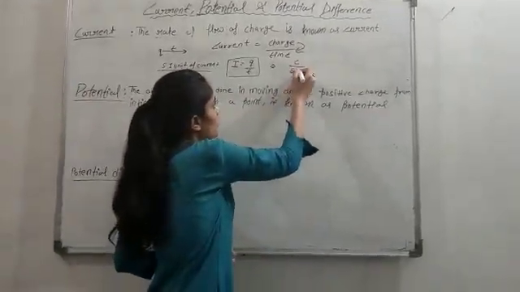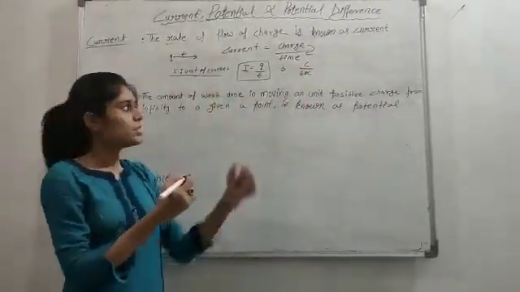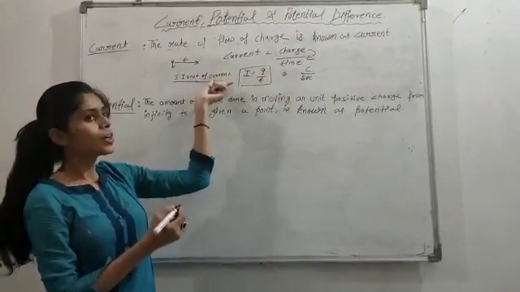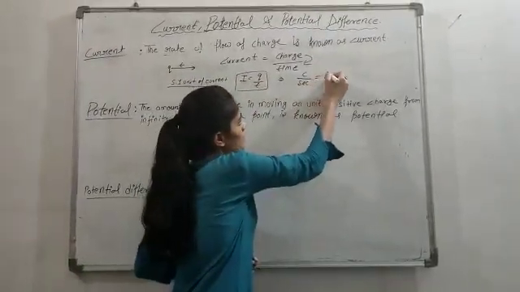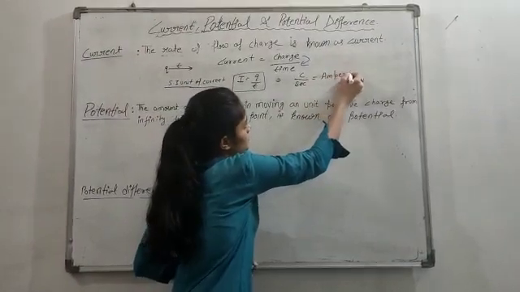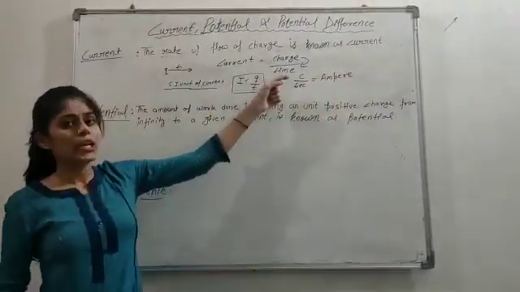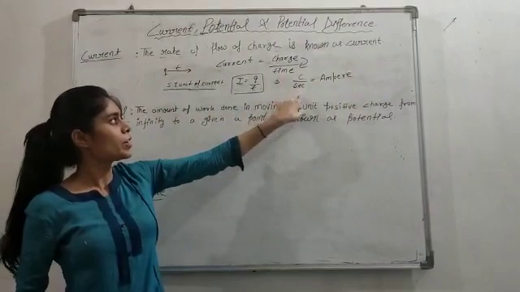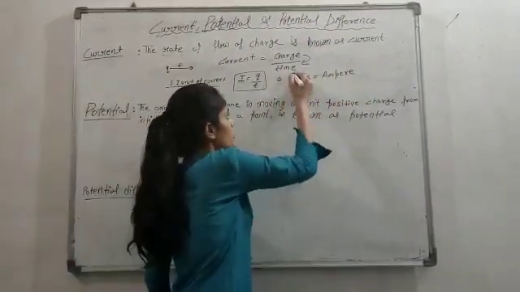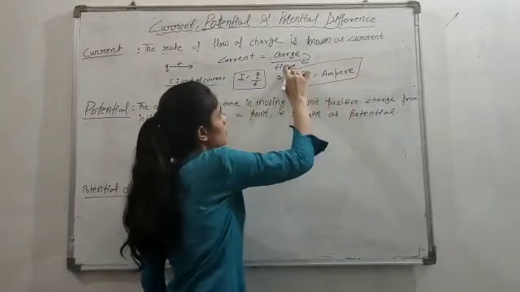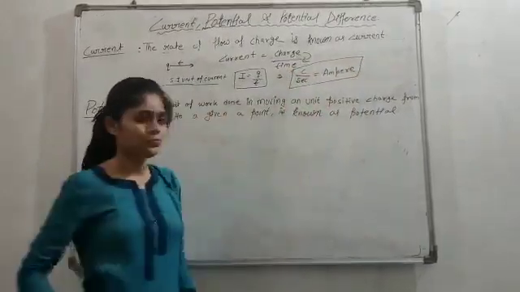So coulomb per second is the SI unit of current, which is known as ampere. Instead of saying coulomb per second, we can also say ampere. This is the more general unit of current.